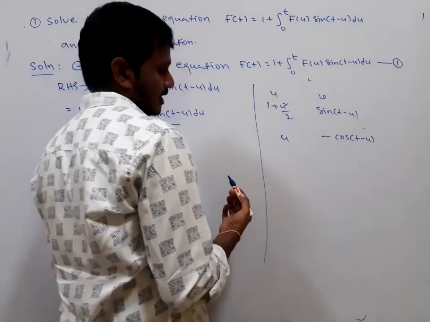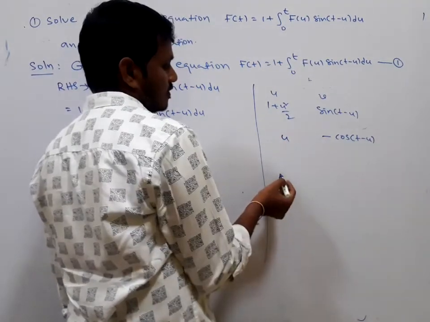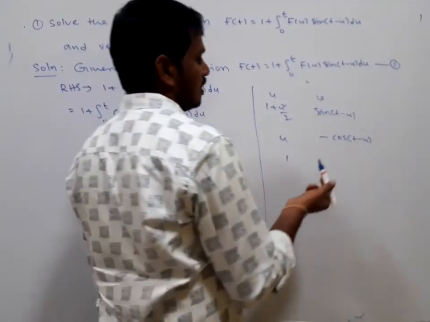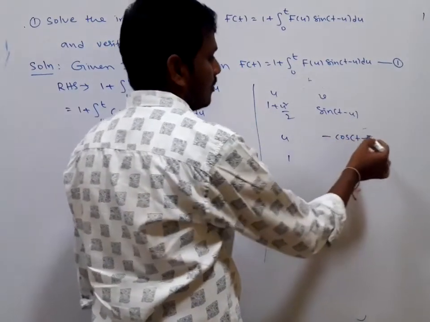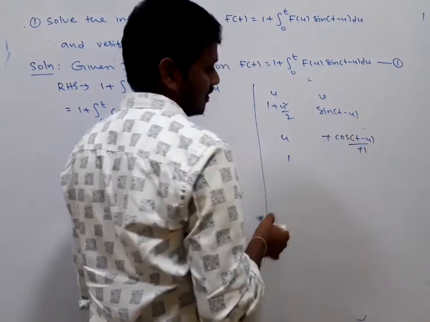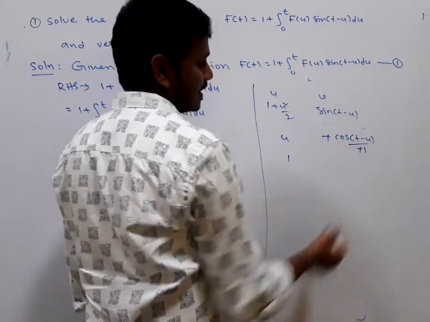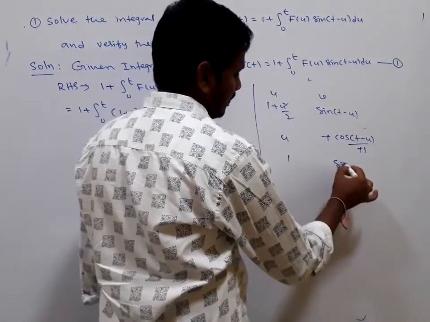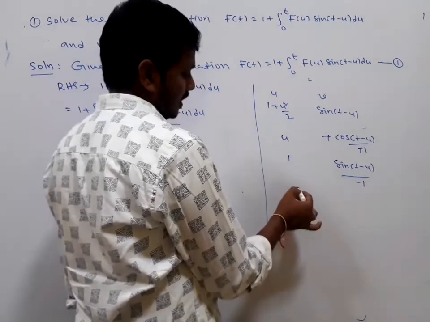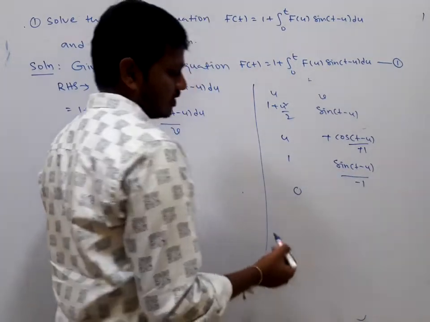Okay, next, the derivative of u is 1. Cos integration is sine. Actually it is minus, but divided by minus 1, no? Divided by minus 1, so minus into minus gives plus. Is it clear? So cos integration is sine: sine of t minus u divided by minus 1. Next, the derivative of 1 is 0. The integration of this one is what?